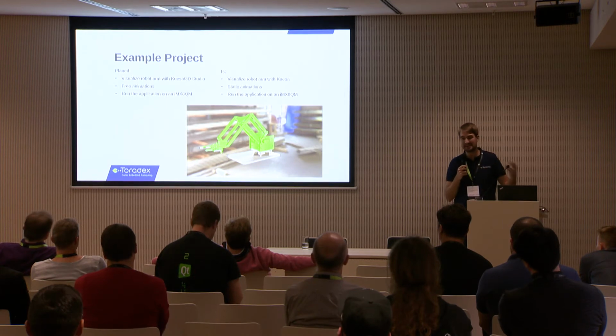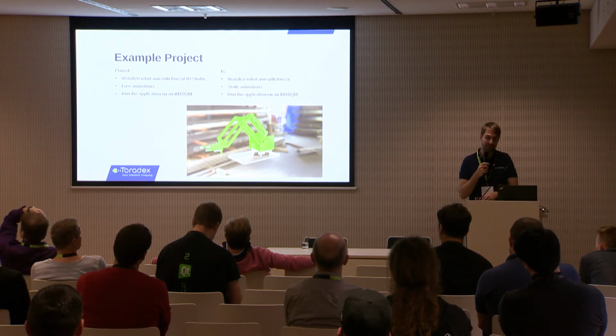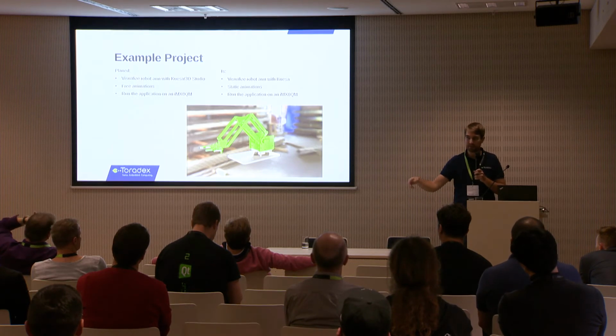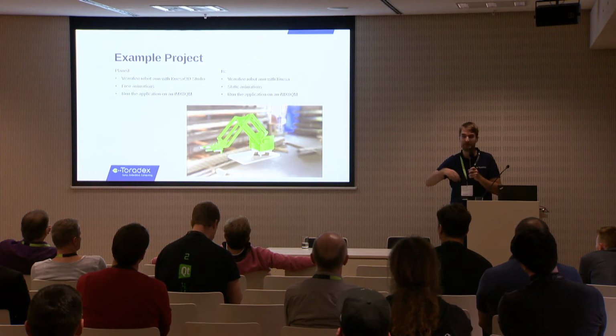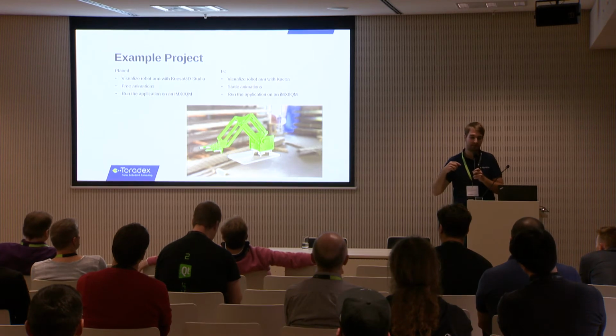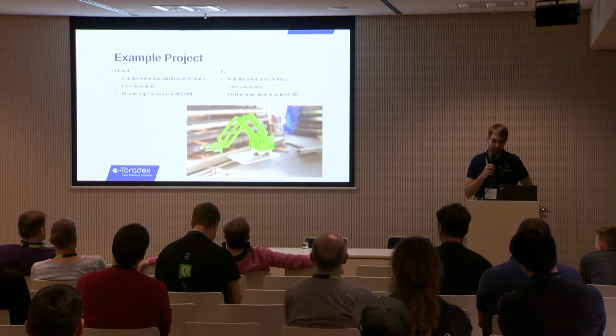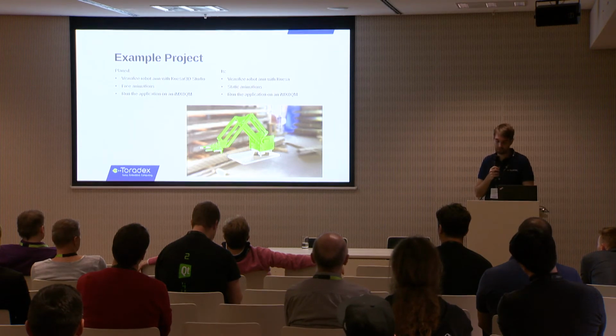That was the idea. However, I unfortunately failed with the free animation. So now I have an animation that is defined, but it will always do the same animation. I can't really control it with joysticks or something like that. But it runs, of course, on an IMX8 Quad Max.